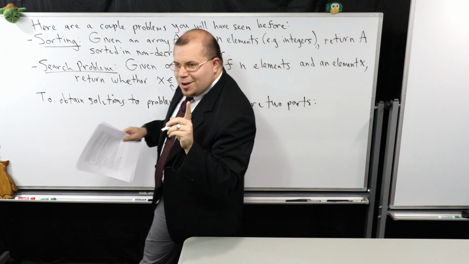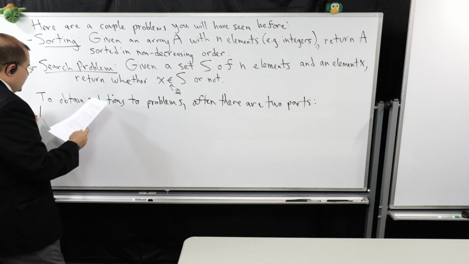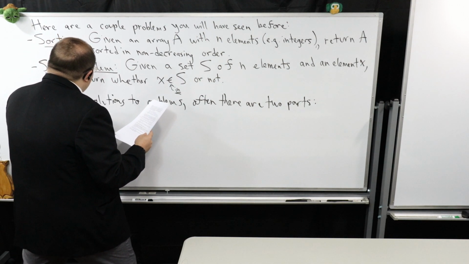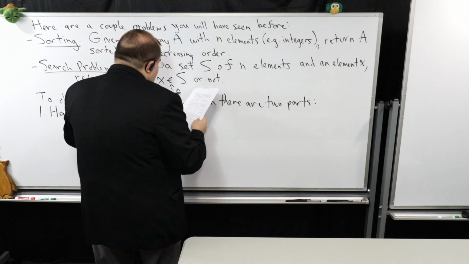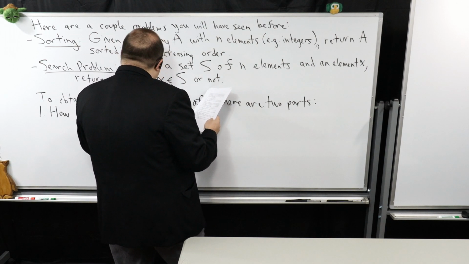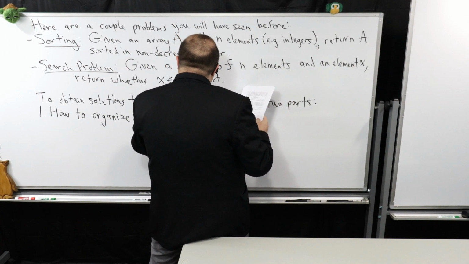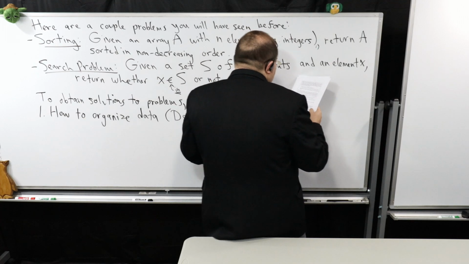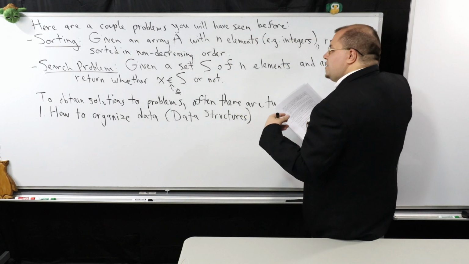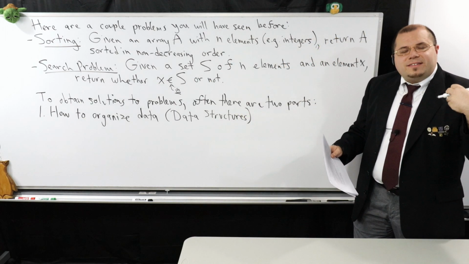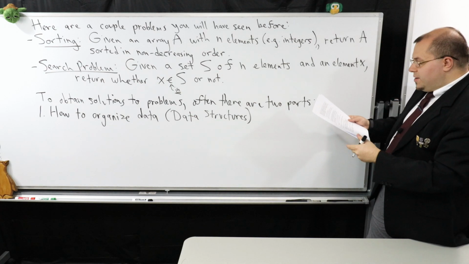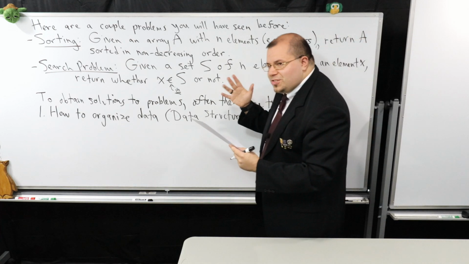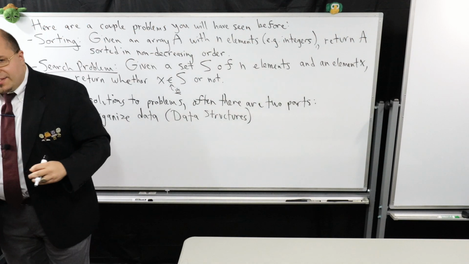So the first one is naturally how to organize data. You could think of these as, of course, data structures. So you would think about how you organize, access and modify said data. A data structure, of course, consists of all sorts of interesting facets to it.